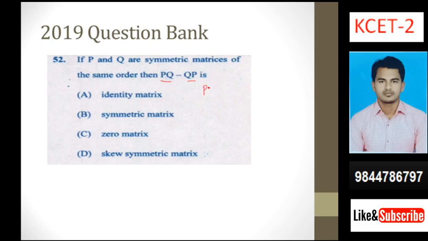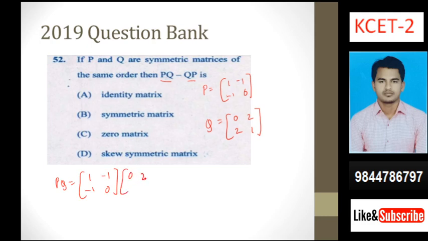You can take P equal to 1 minus 1, minus 1 0, which is symmetric. Q is the symmetric matrix 0 2 2 1. Now multiplying these two, PQ: 1 minus 1 minus 1 0, Q means 0 2 2 1.